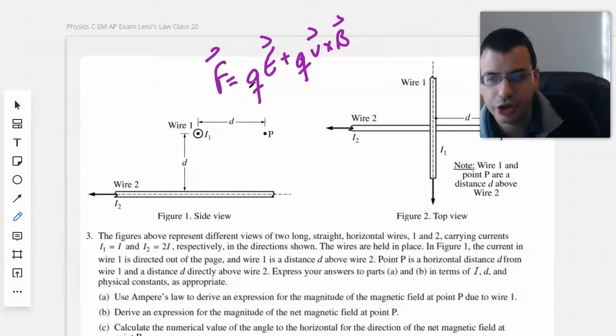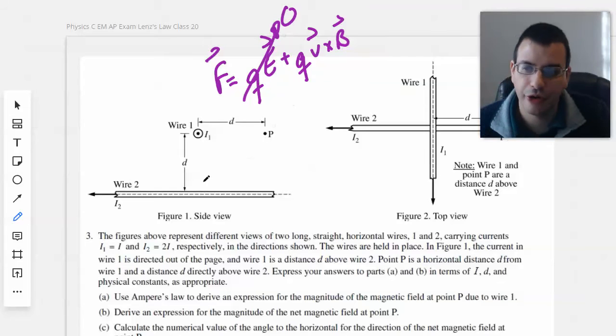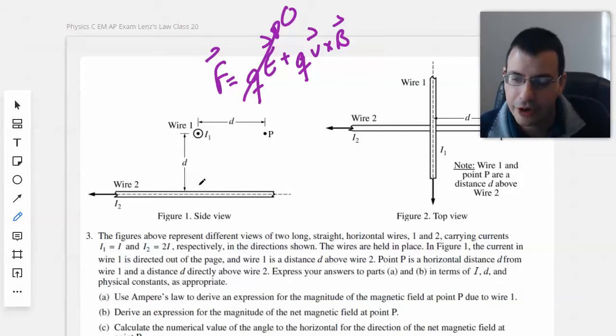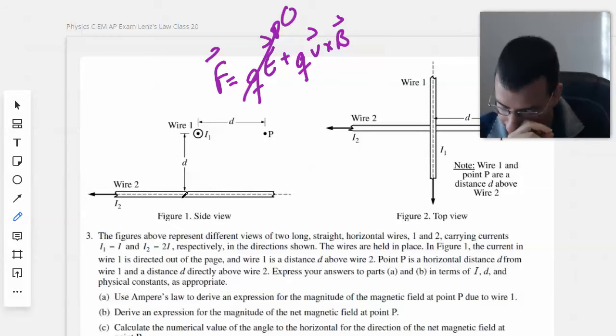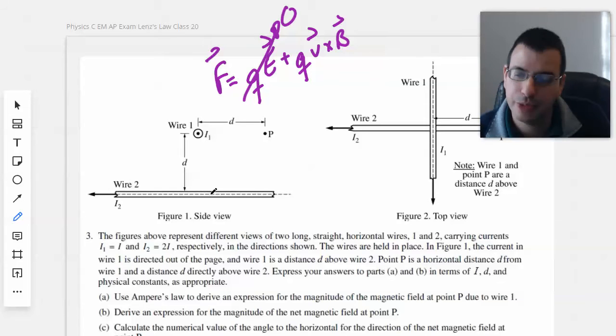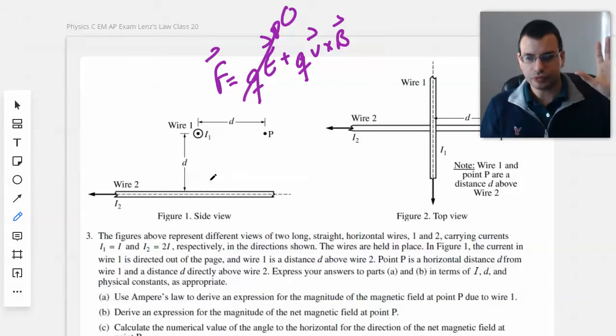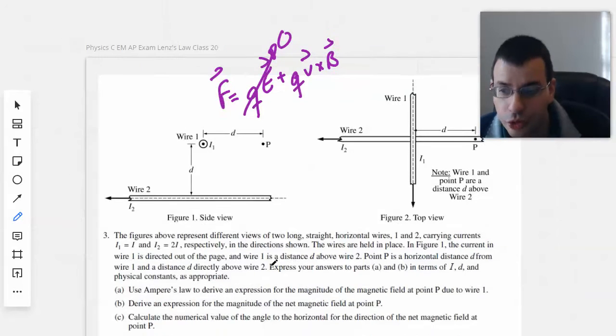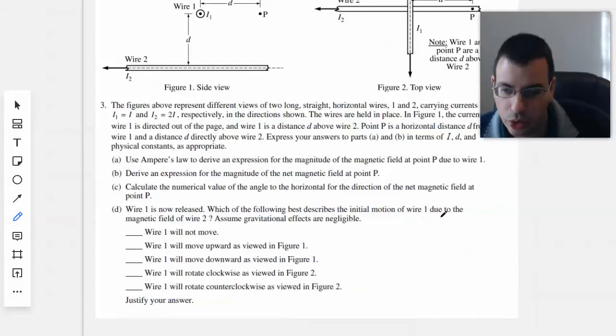We're assuming no electric fields, so that's 0. And I'm going to look at this one first. So we have this wire going this way. So V cross B. So B in this case would be into the board. We're looking at the effect of wire 2 on wire 1.